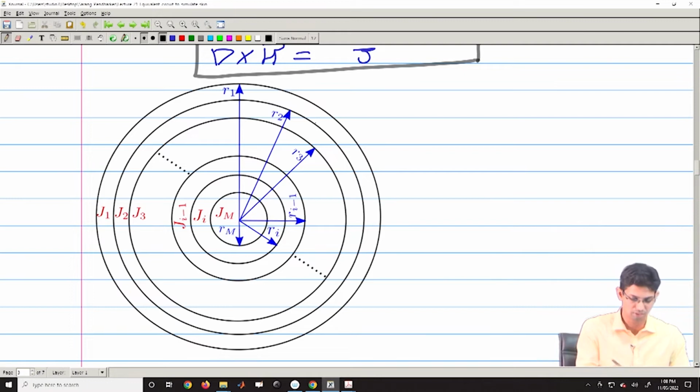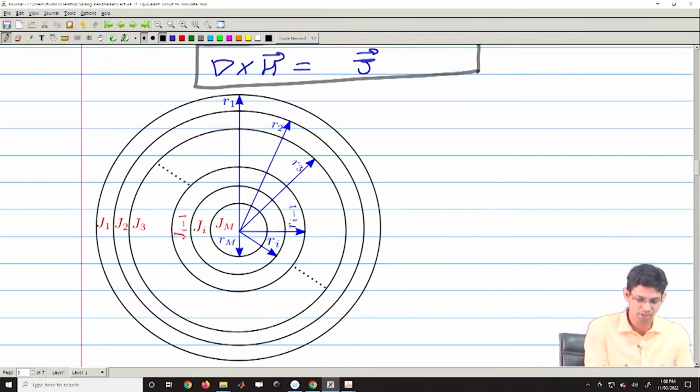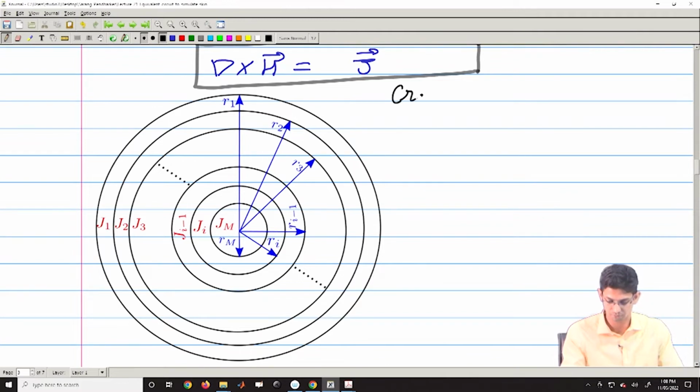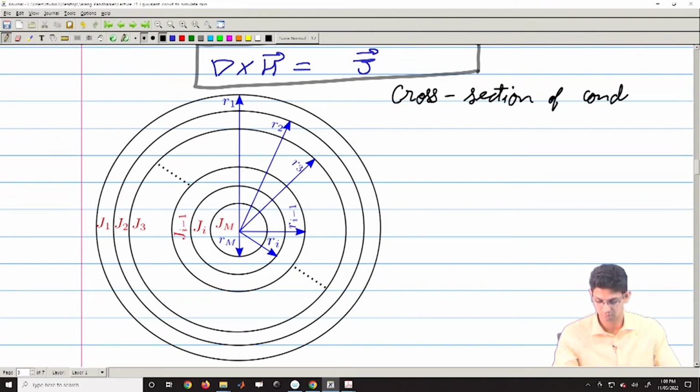So, there is cylindrical symmetry here, and here I am showing the cross section of the conductor. What we have done is we have now segmented this cross section into m rings.